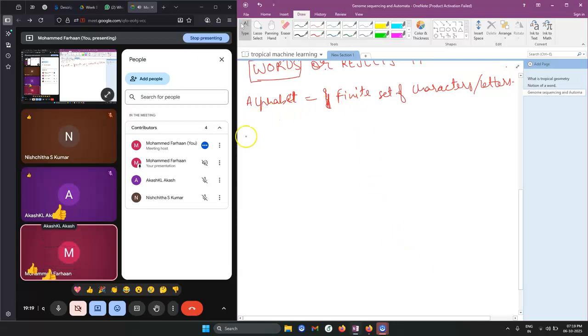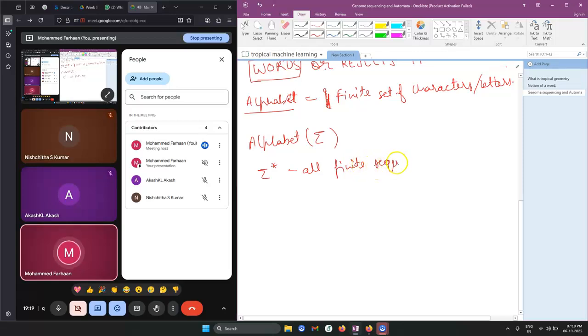Cool. Okay. So, given our alphabet, which is typically denoted as sigma, we define sigma star as all finite sequences formed by letters belonging to sigma.